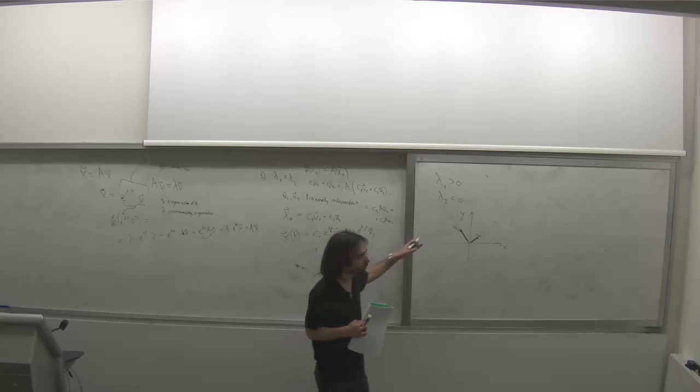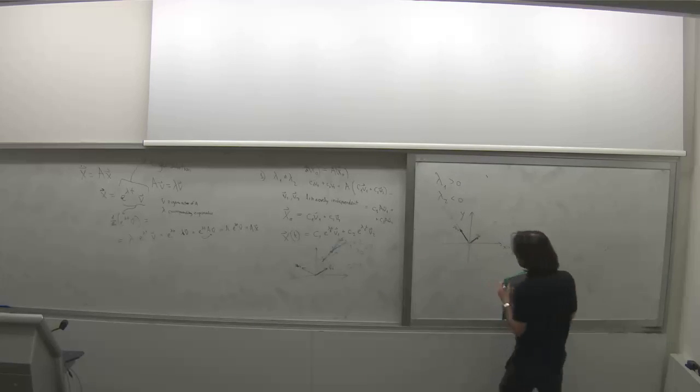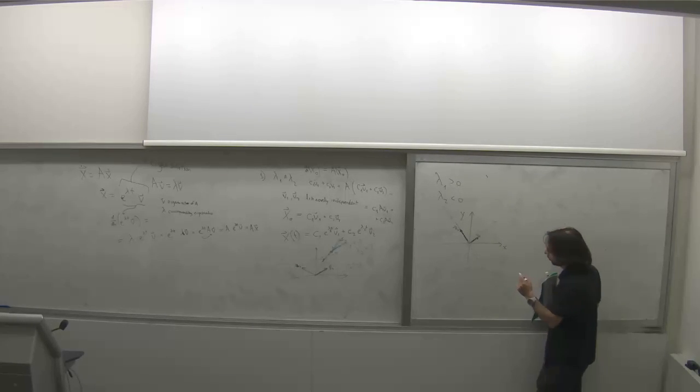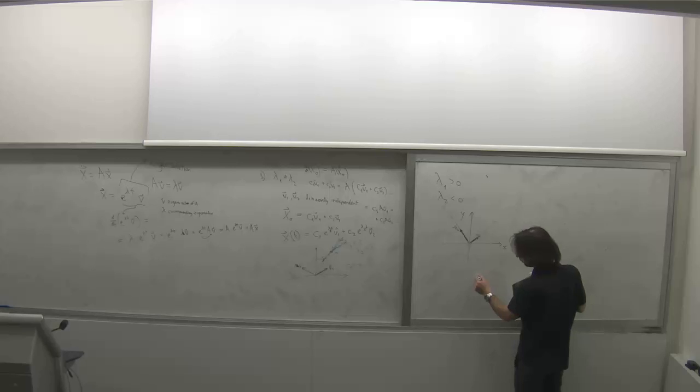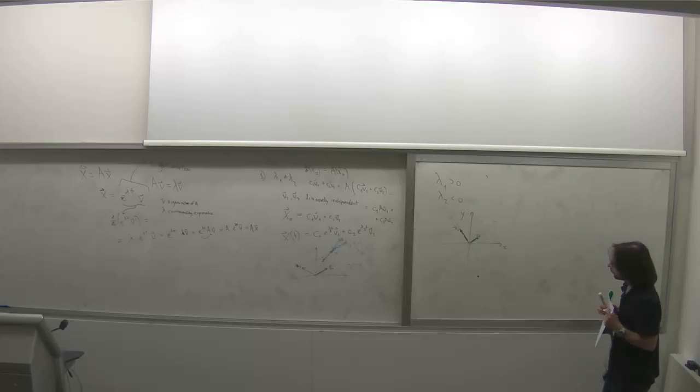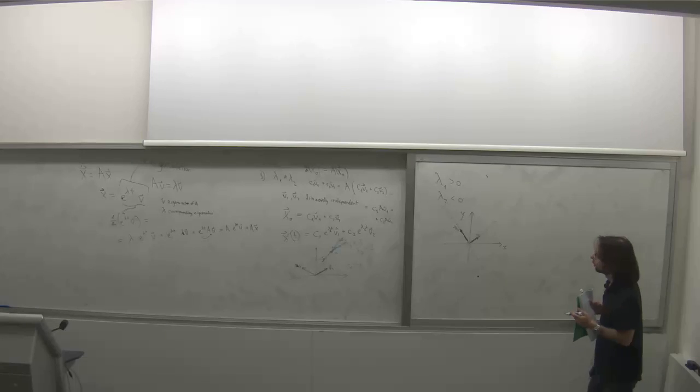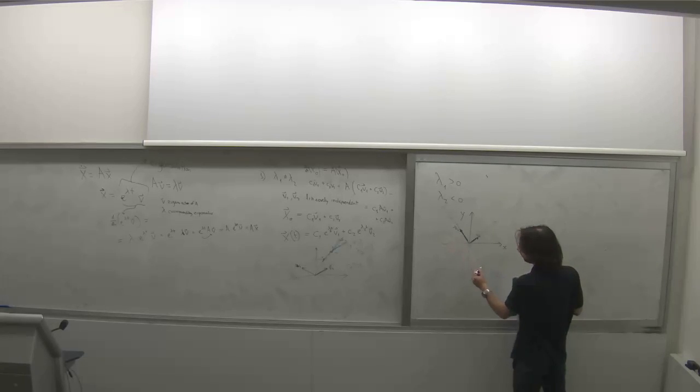And this already gives you an idea of what happens here. So if I start here, then this is actually a vector. This point is a vector, and it will reduce its V2 component according to lambda 2.